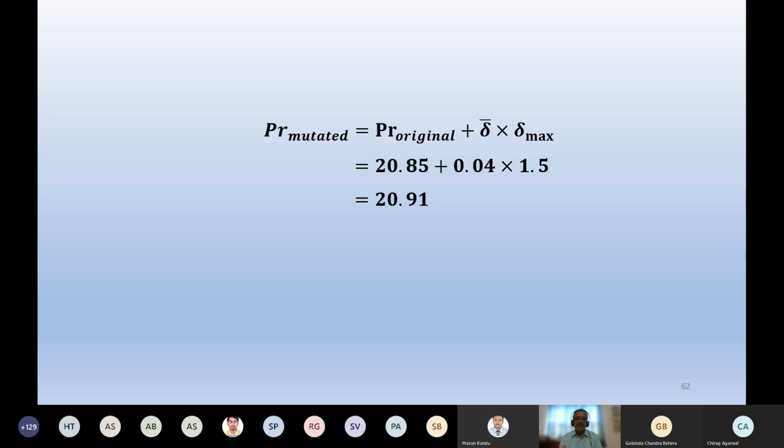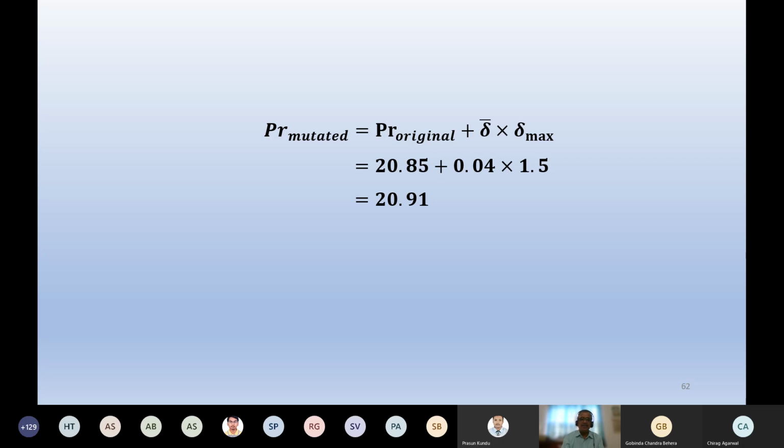Now this PR mutated is nothing but PR original plus delta bar multiplied by delta max, and if you insert the numerical values, you'll get PR mutated as 20.91, where our original solution is 20.85.